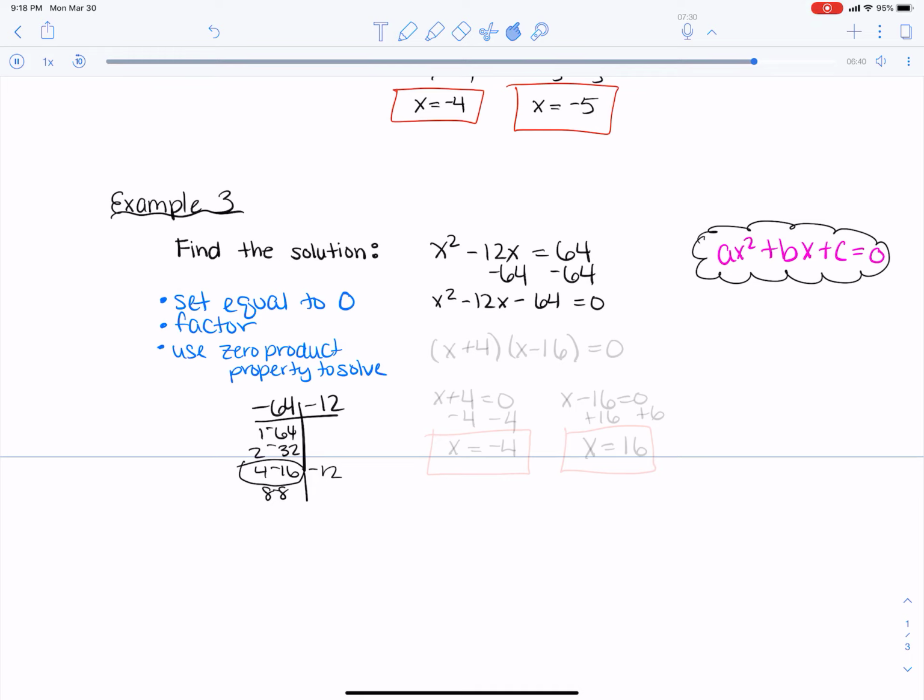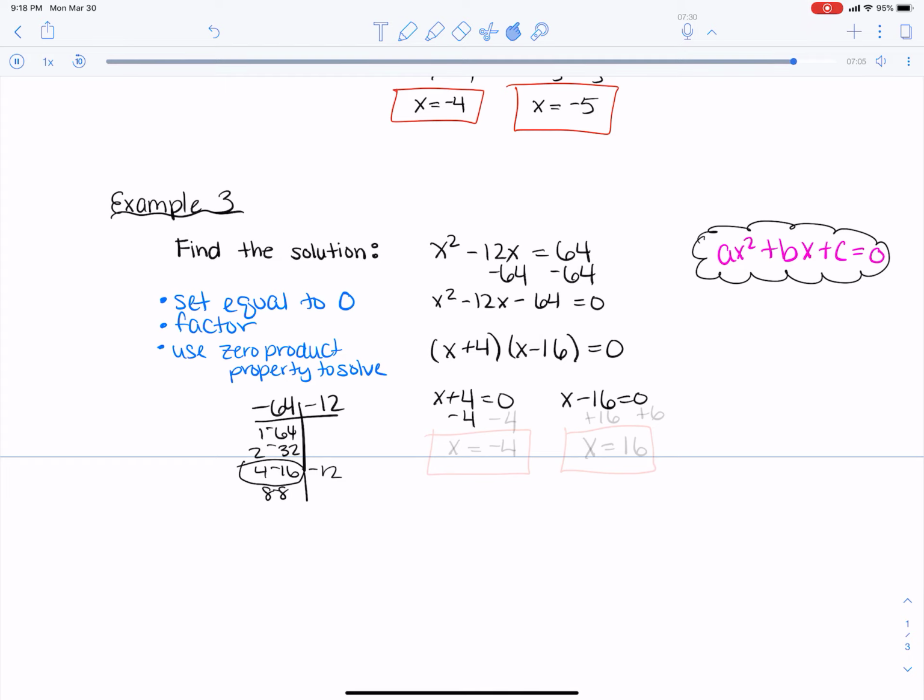So our factored form is x plus 4 times x minus 16 equals 0. And again, our last step is to use the zero product property to solve. So I'm going to set each factor equal to 0, x plus 4 equals 0, and x minus 16 equals 0.